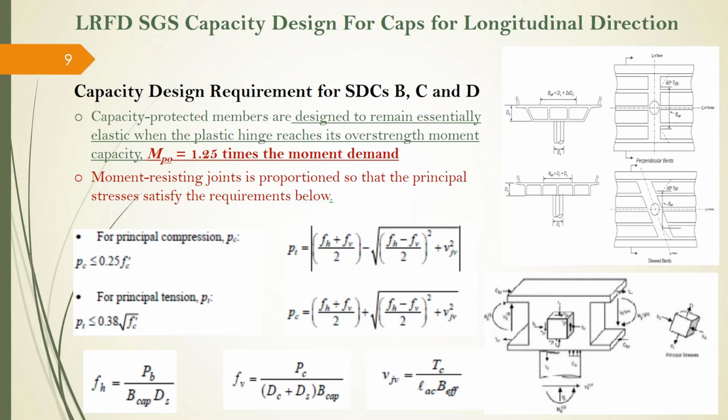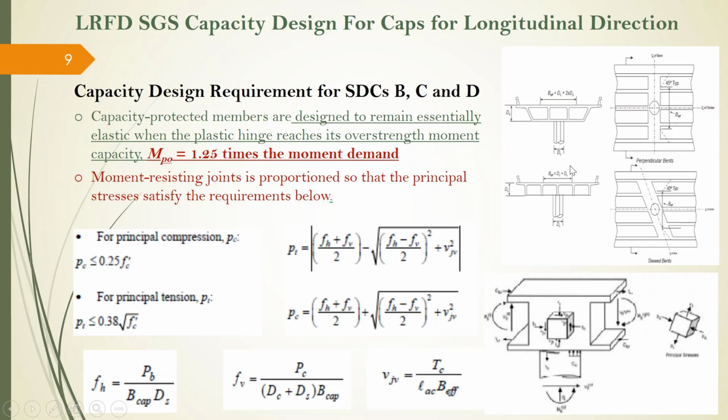That's specified in the AASHTO LRFD specification, and also the shear stress within the joint zone. So this joint remains essentially elastic by having consideration for principal stresses.